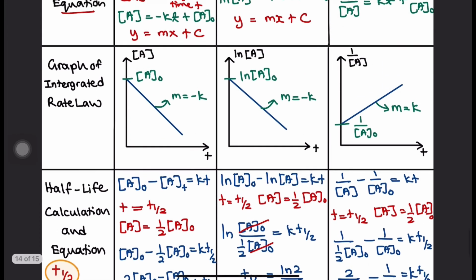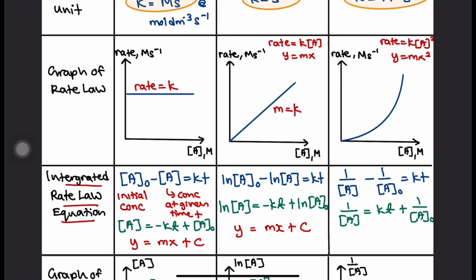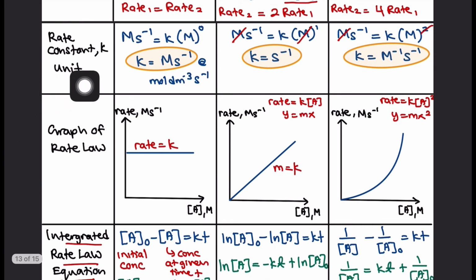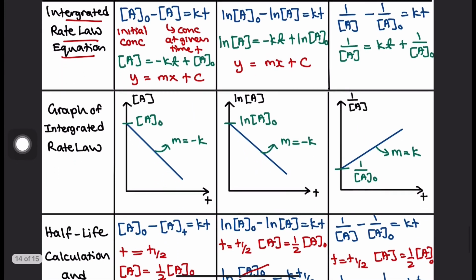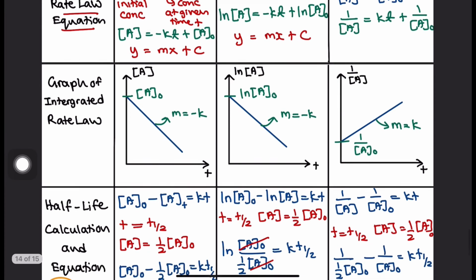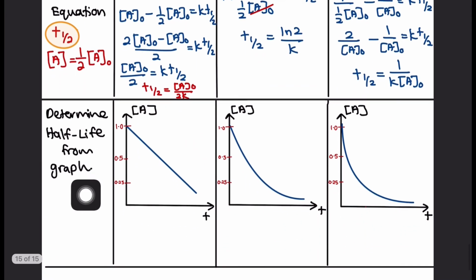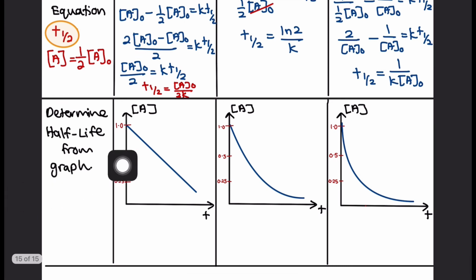Apart from determining the order of reaction from the unit of rate constant as well as the linearity in the integrated rate law graph, we can also determine the order of reaction from the half-life graph. So the half-life graph would be a graph of concentration of reactant against time.